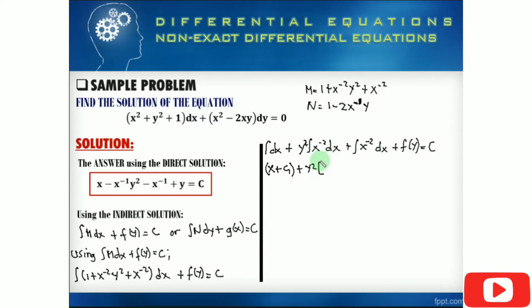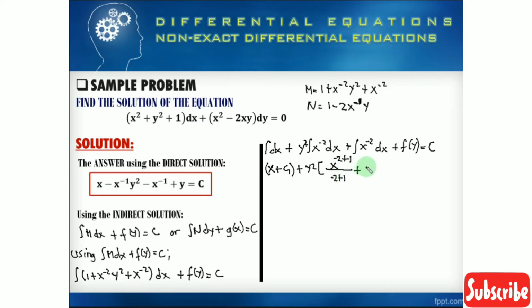So here our n is equal to negative 2, and our u is the x. So we can say that u to the n plus 1, so this is x to the negative 2 plus 1, over n plus 1, plus constant.